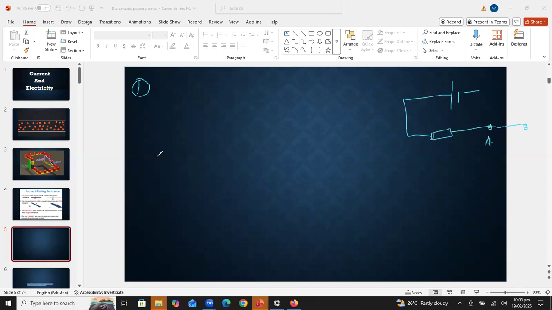This wire is labeled AB, and it has certain electrical resistance. So right now we are using this wire as a resistor. Wires which have certain resistance can be used as resistors. This wire resistance can be changed by changing four factors.